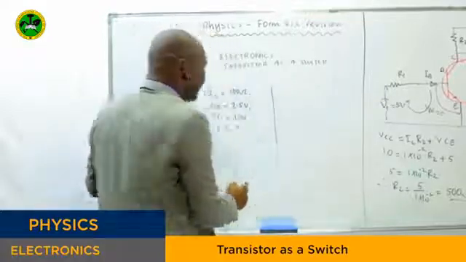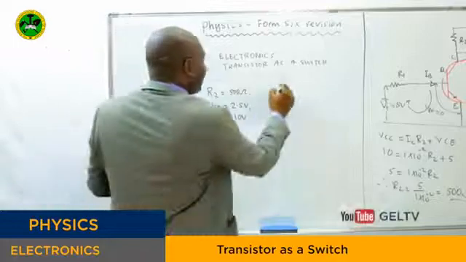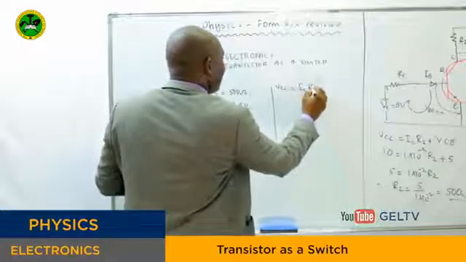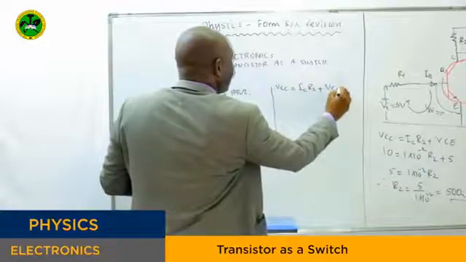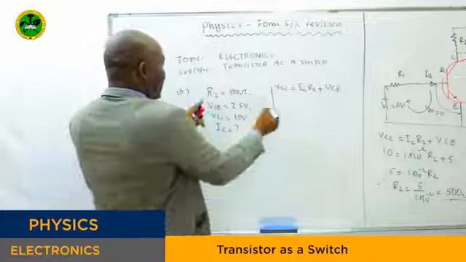So from here, you are talking about the output circuit, where you have the supply voltage equals to IC R2 plus VCE, as we derived from here. So you have, this will be 10.